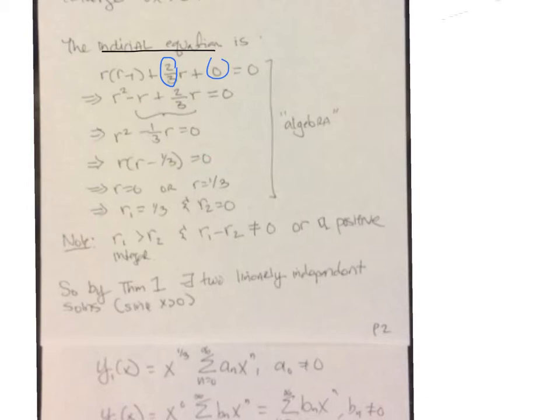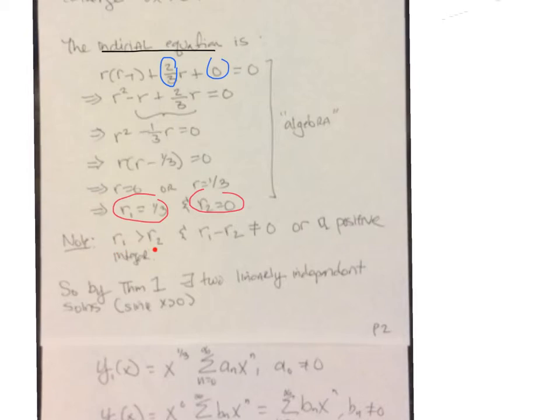We do some factoring, and then we obtain these two guys here. So we have R is 0 or R is 1/3. And I chose R1 to be 1/3 just because we're going to be using Theorem 1 for this problem. And we want our R2 to be the smaller root. And 0 is obviously smaller than 1/3.